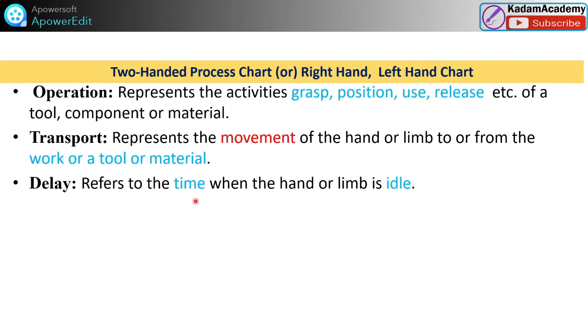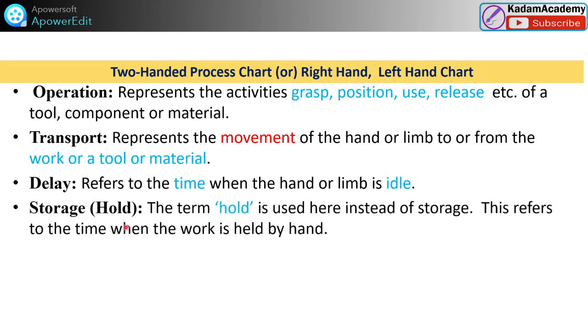Delay refers to the time when hands or limbs are idle. It is represented by D. Storage: the term hold is used here instead of storage. Not storage, we have to use the term hold.